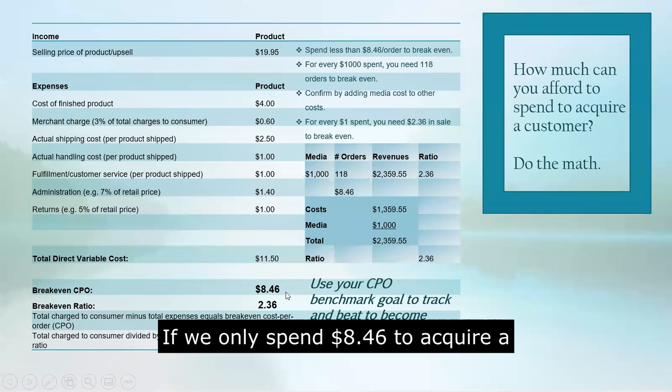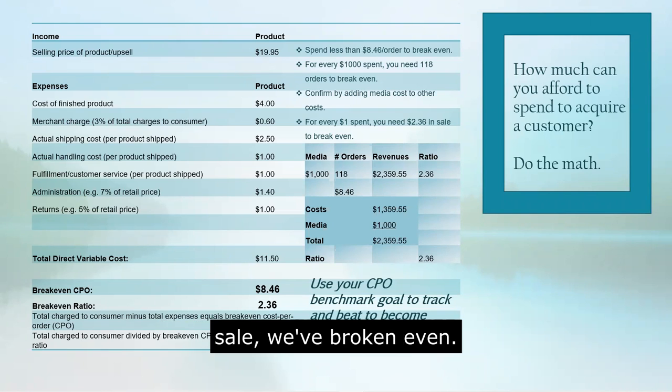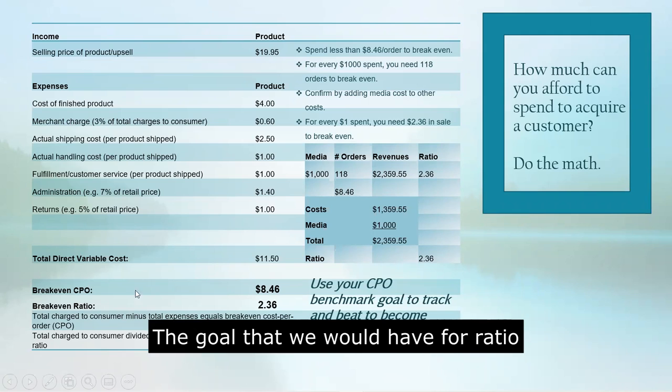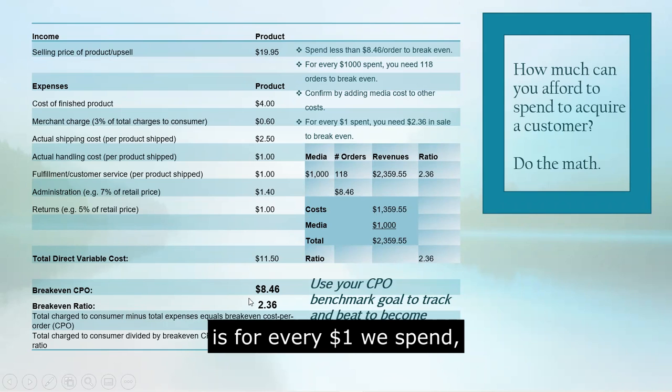If we only spend $8.46 to acquire a sale, we've broken even. That means no profit yet. And that goal that we would have for our ratio is for every dollar we spend, that we get back $2.36 just to break even.